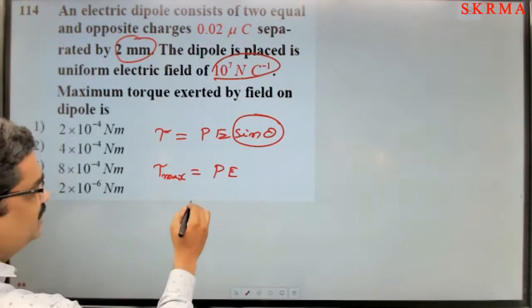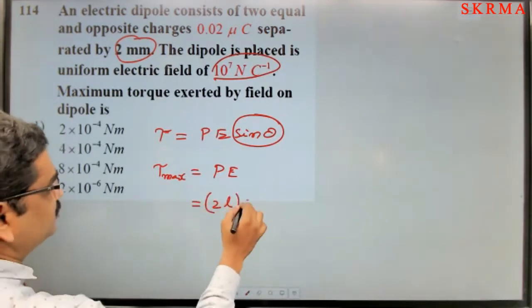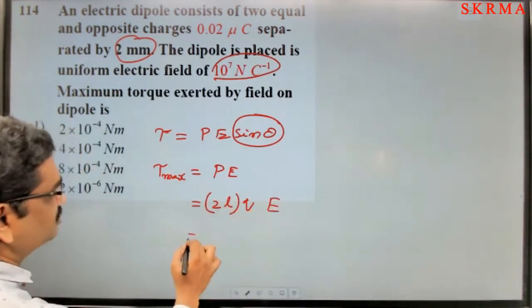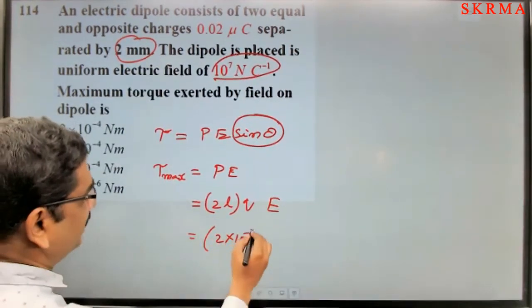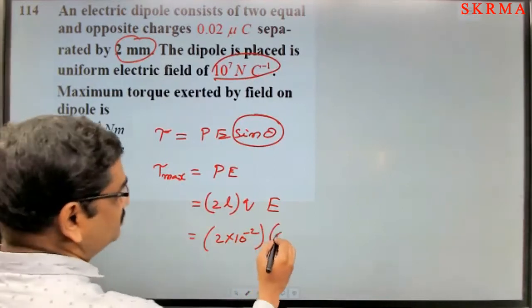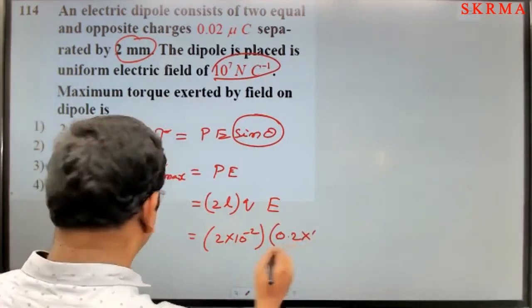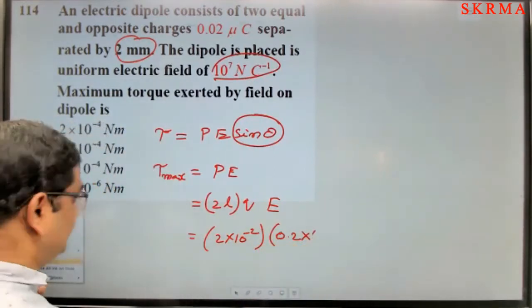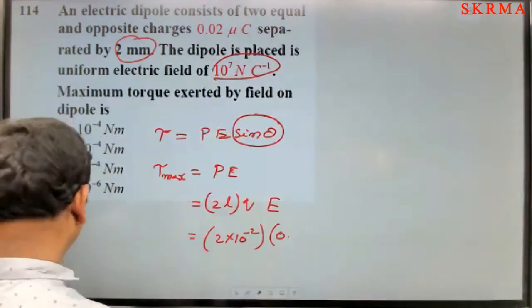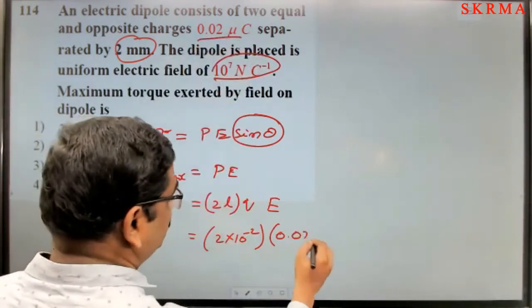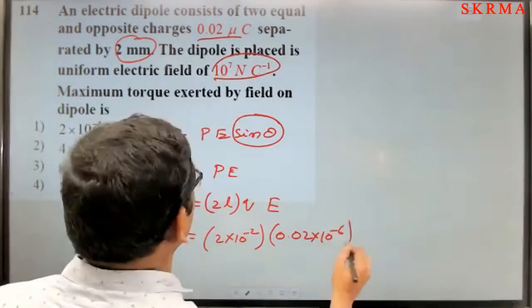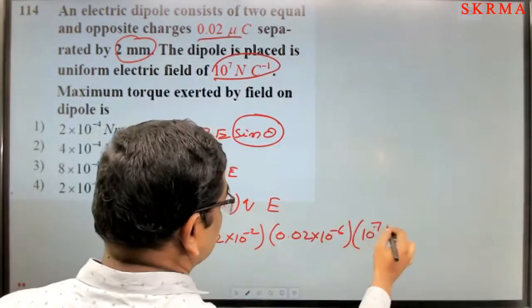What is the value of P? Distance into magnitude of the charge Q. Substitute the values. What is the distance between the charges? 2 mm, 2 into 10 power minus 3. Next, charge 0.02 microcoulomb, so 0.02 into 10 power minus 6, and electric field value 10 power 7.